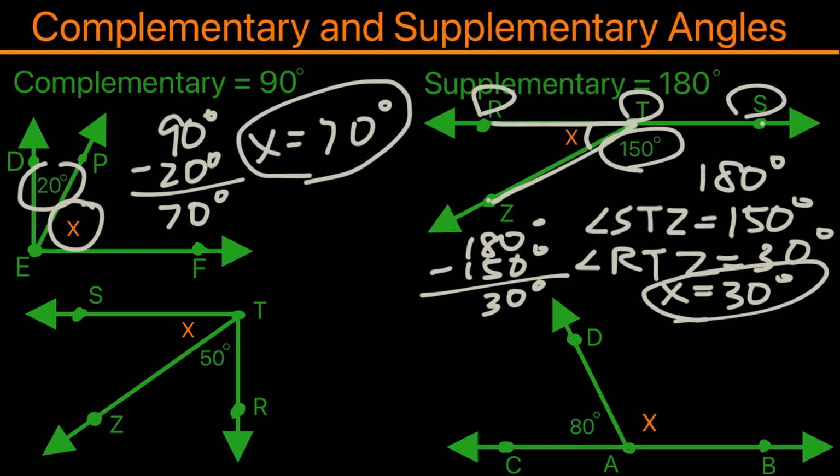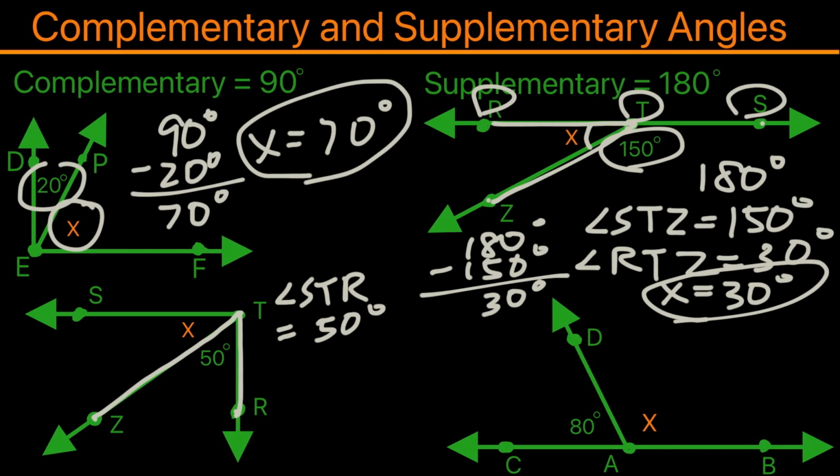Now for the next example, we have a complementary angle because it's 90 degrees. And we were provided ZTR. ZTR is 50 degrees. So angle STR equals 50 degrees.